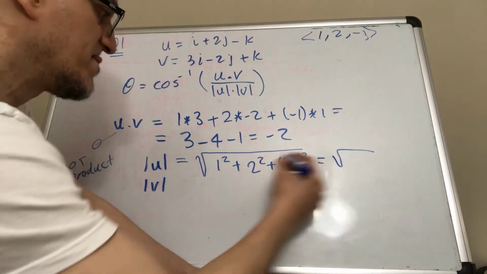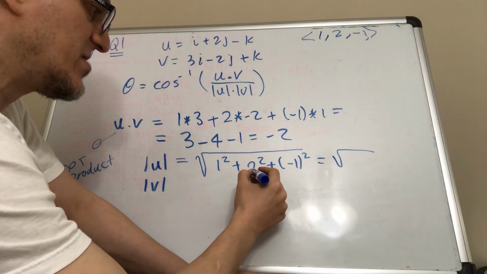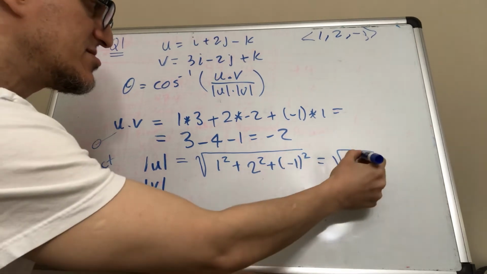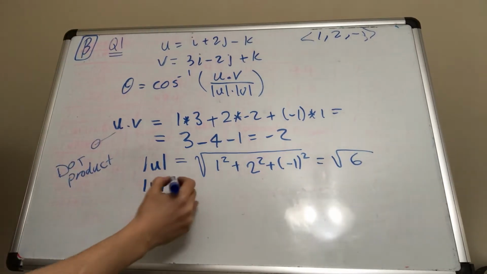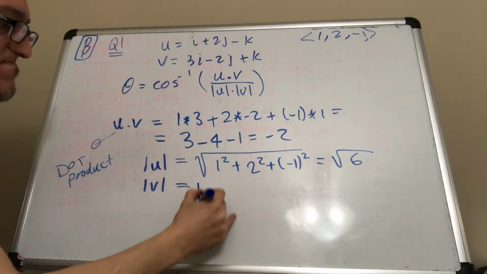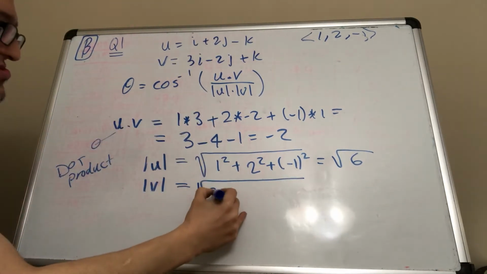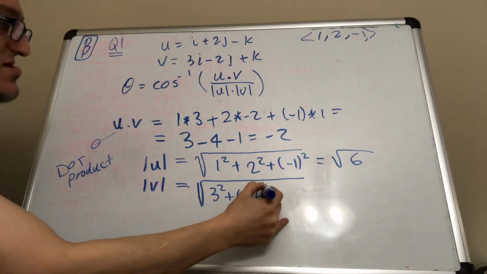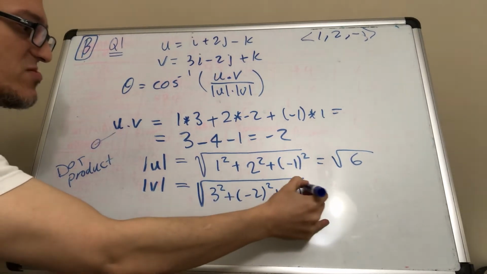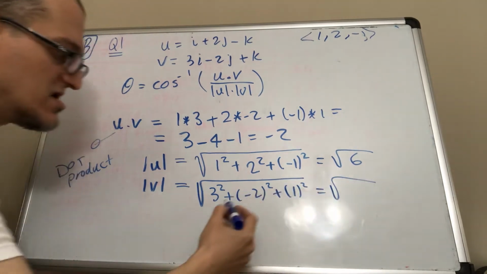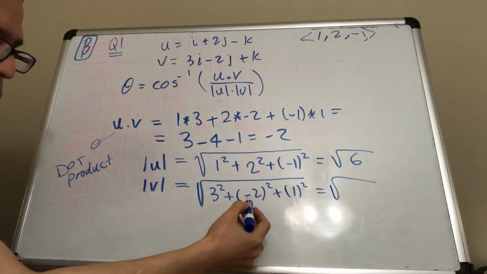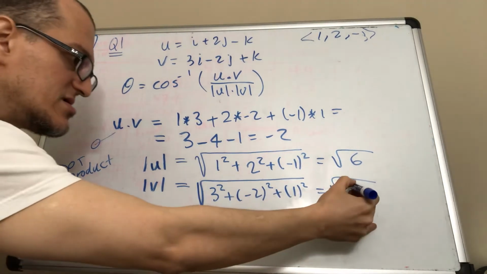So that's 1 plus 4, 5, and 1, square root of 6. Magnitude v, you do the same thing. 3 squared plus 2 squared plus 1 squared. That's 9 plus 4, 13, plus 1, 14.